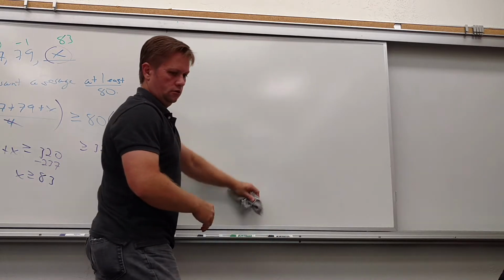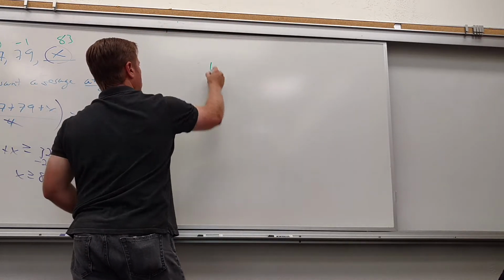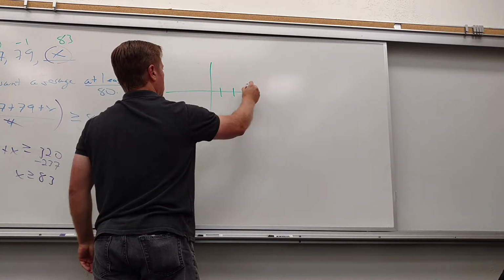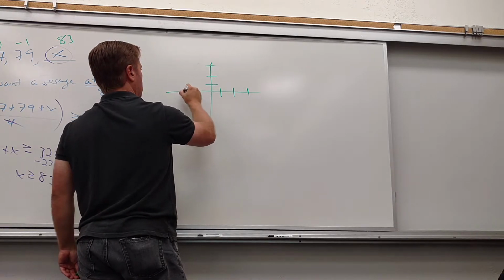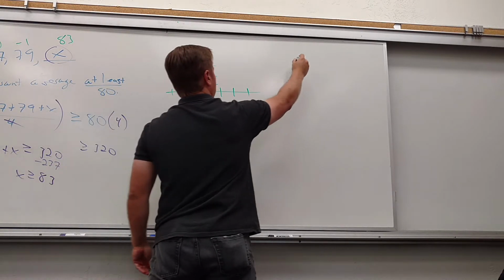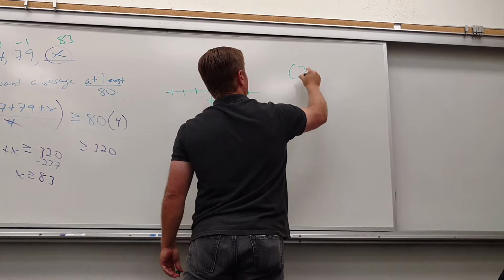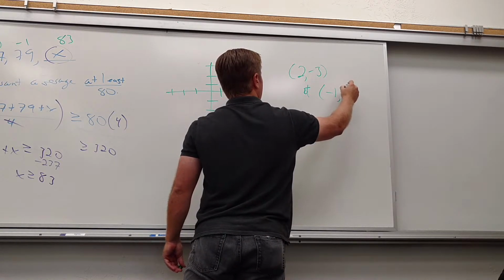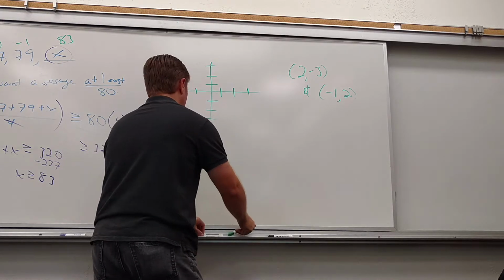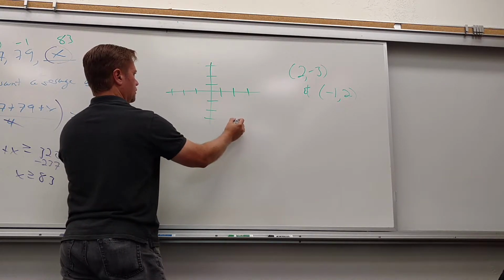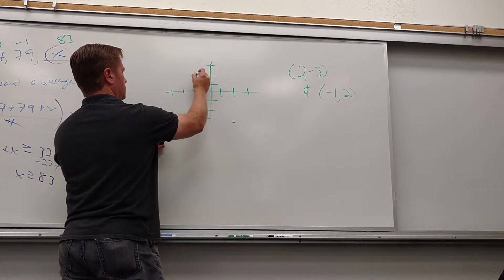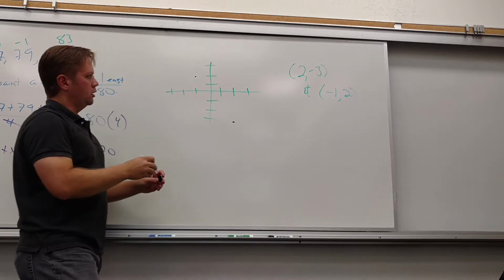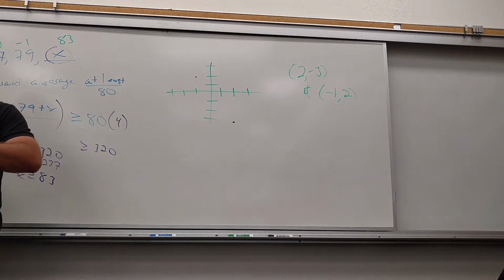So if I give you 2 points, (2, -3) and (-1, 2), and I want to know the slope between those points.